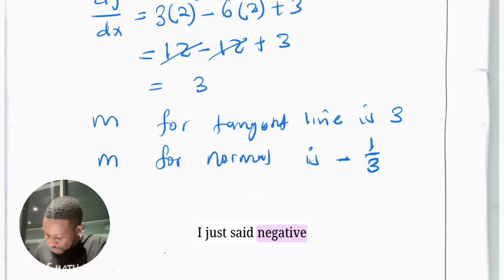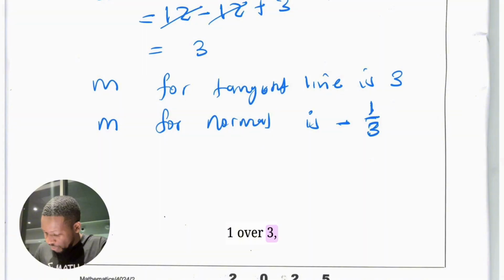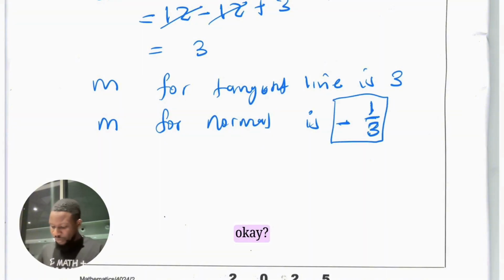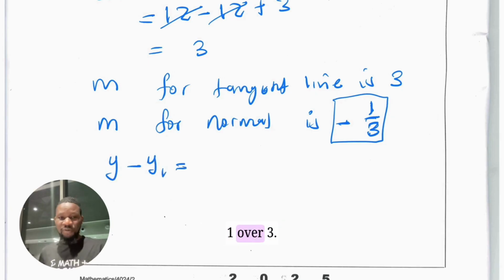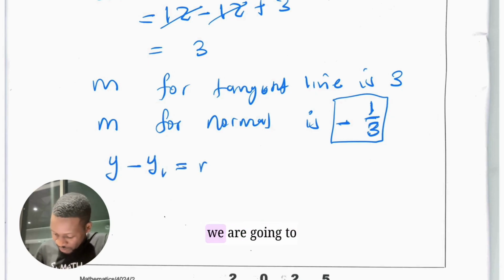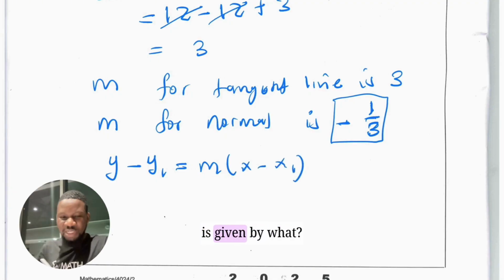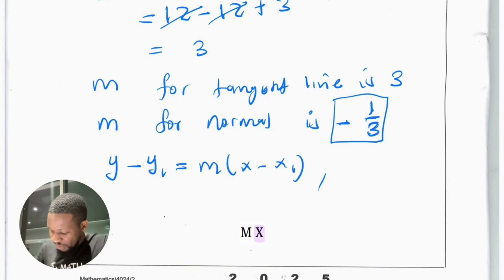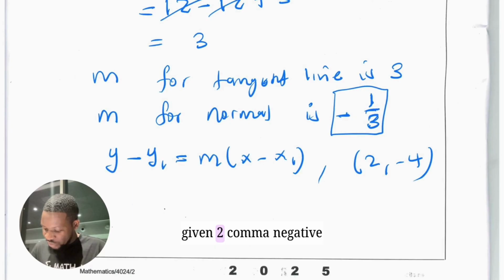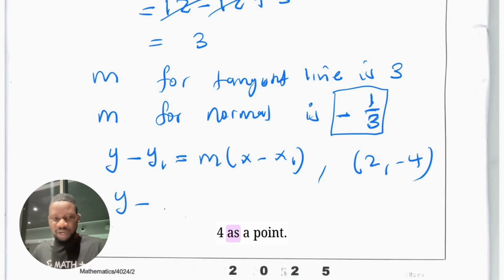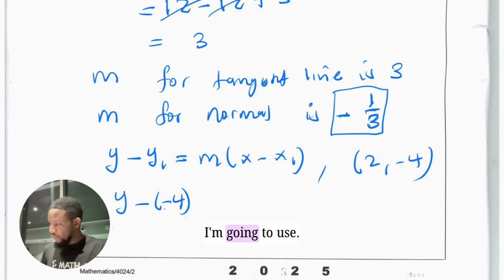So I just say negative 1 over 3. Okay? Now, we want the line, right? So we have the slope of the normal, which is negative 1 over 3.